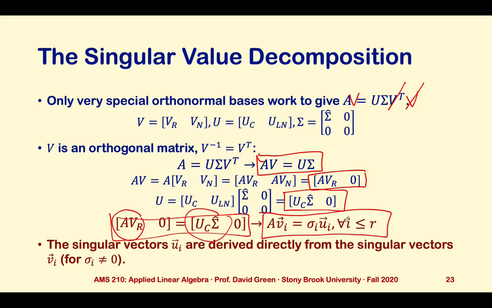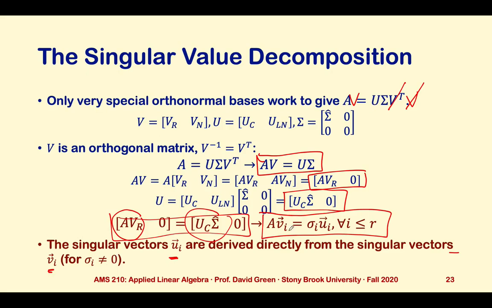What this tells us is that although we showed how you can take A transpose A or AA transpose and get a symmetric result that helps us understand the breakdown of the row space, null space, column space, and left null space, it isn't actually necessary to find the vectors U. The singular vectors U can be derived directly from the singular vectors Vi for all of the non-zero cases.